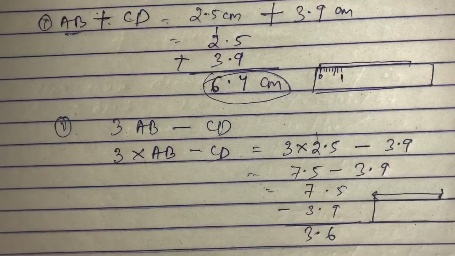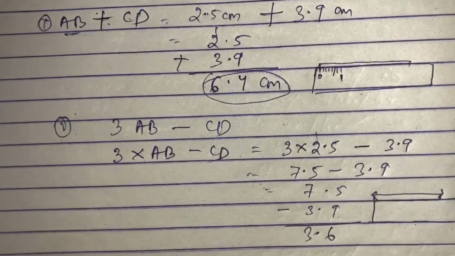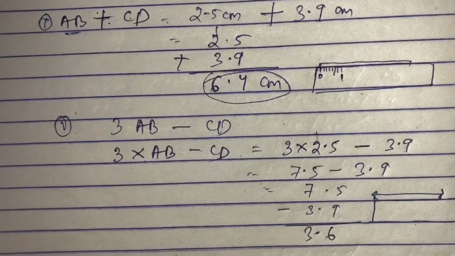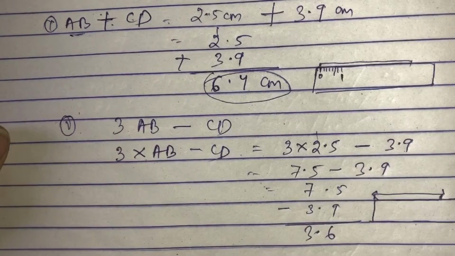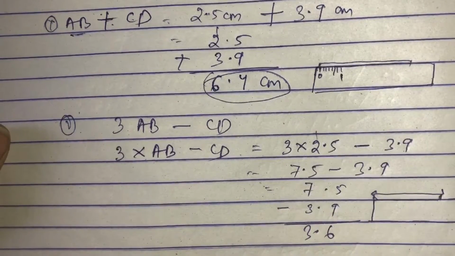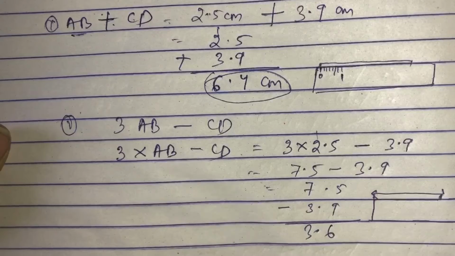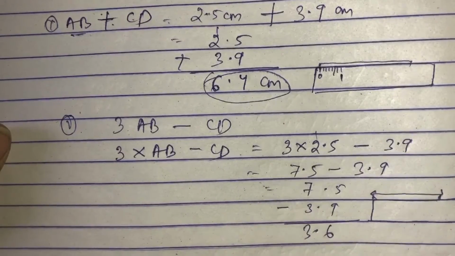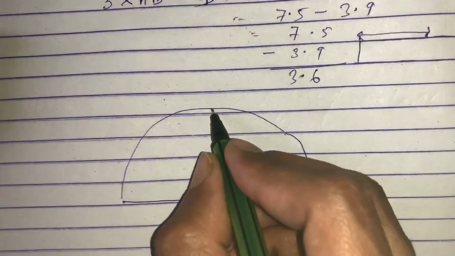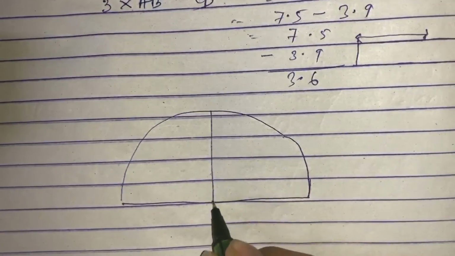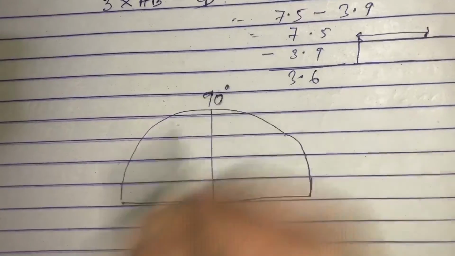And you know that I have told you about the angles. With the help of this you can draw so many angles. The middle one is the 90 degree.